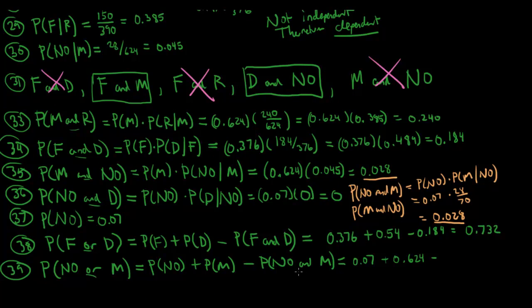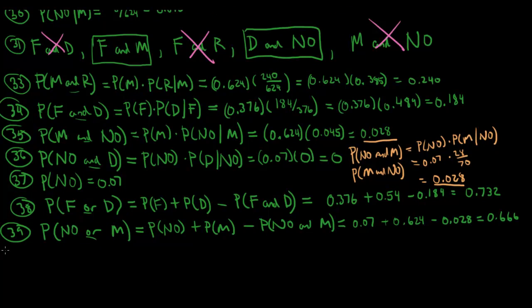Minus the probability of no and male, which we said was 0.028. Let's see, 0.07 plus 0.624 minus 0.028, and I get 0.666. Hopefully you're not superstitious. That's funny. All right, let's see here, number 40.